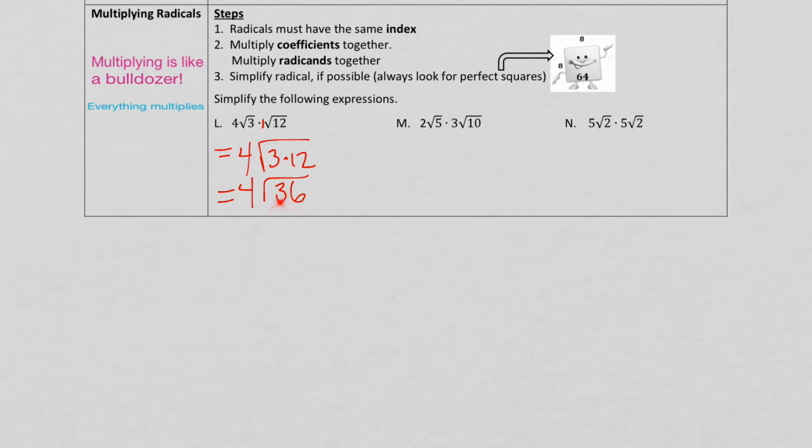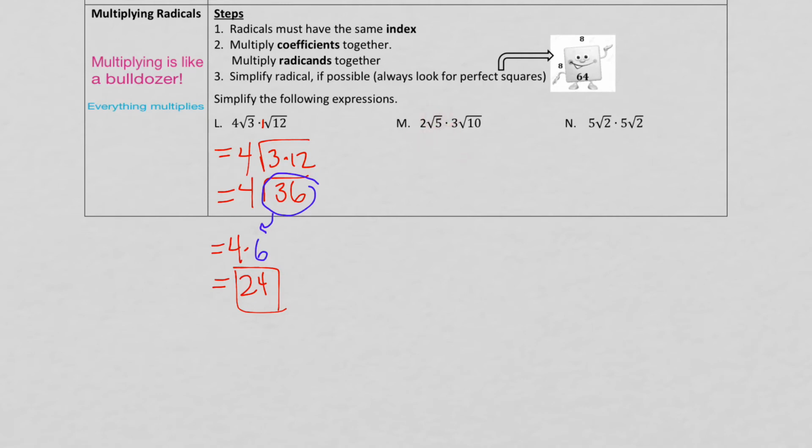In this case, hopefully it's a little bit clearer because the square root of 36 is a perfect square. So this comes out as just a 6. And there's no more square root left behind because I've cleared it all out. So I have 4 times 6, which is going to be 24. So in this example, once I've done all of my work, I get 24 as a result.